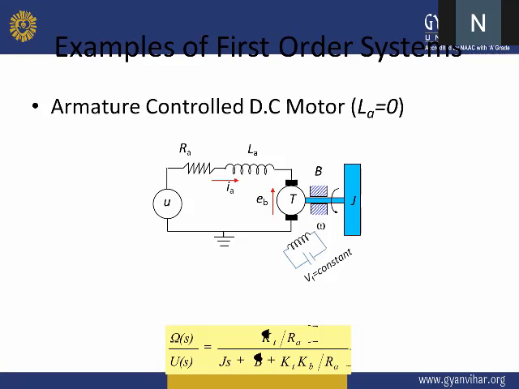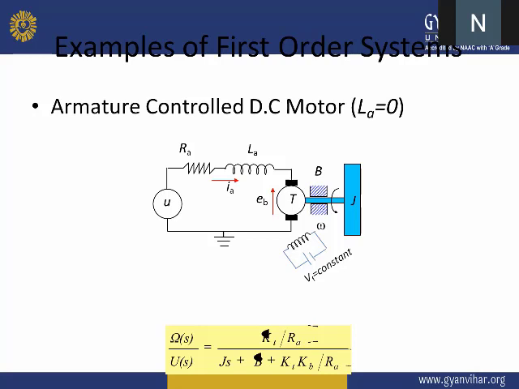We have one DC motor whose speed is being controlled using the armature control method. We control the armature current, and with the control of this armature current we control the back EMF, and this back EMF ultimately controls the speed of the motor. So keeping the field winding constant, that is the field voltage and field current constant, only the armature current will be varied.